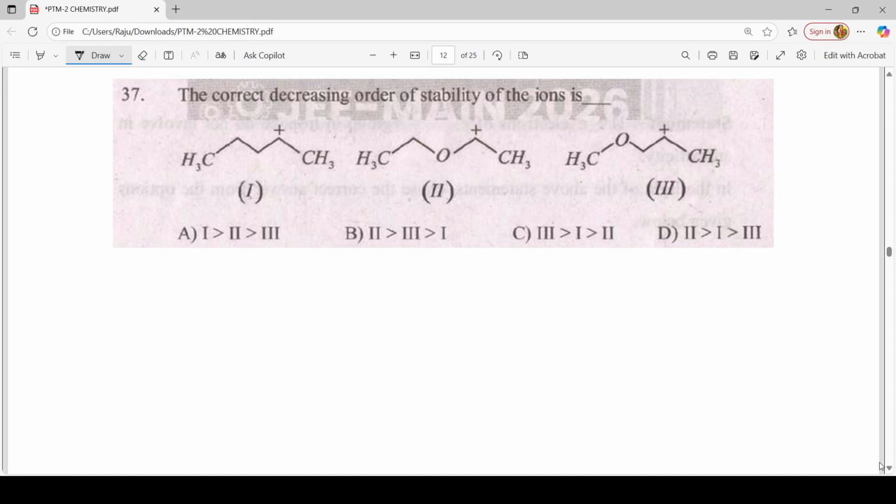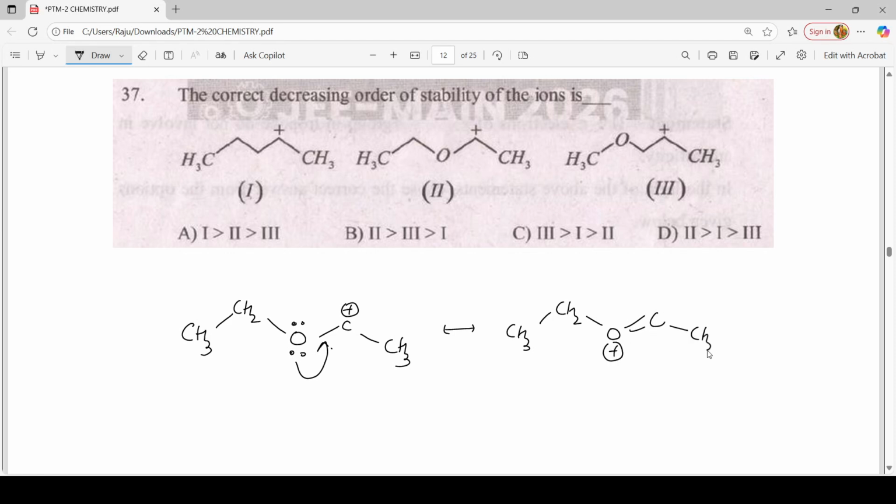37th question: the correct decreasing order of the stability of the ions. Students, just now we had a discussion in the previous question. If the lone pair of electrons and positive charge are on adjacent atoms, the lone pair of electrons shifts towards the positive charge and it is stabilized by resonance.